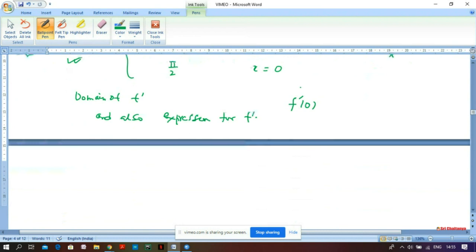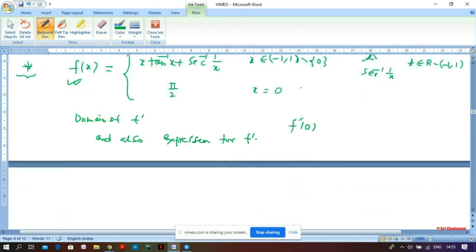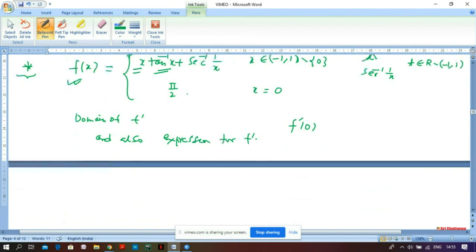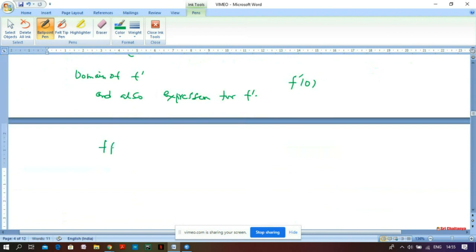Now we do like this. I told you that this we can deal with in two ways. First of all, because f is defined like this, it is a product of two functions which are differentiable in this interval, and this also. So I will first write it in a somewhat good manner.